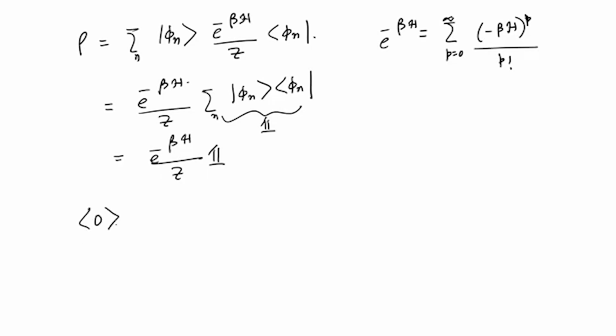And if you still want to write down the expectation value of an operator, it is nothing but trace of rho and O. O is written with a hat just to make sure that it is any arbitrary operator.